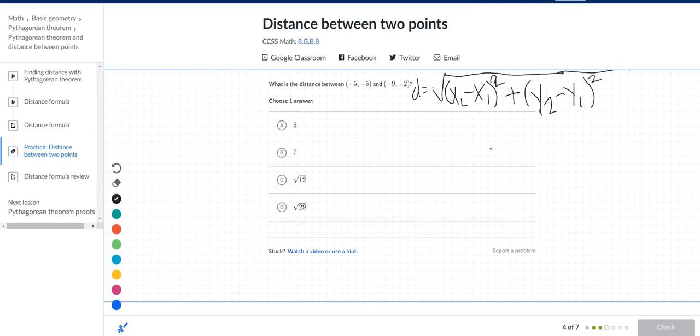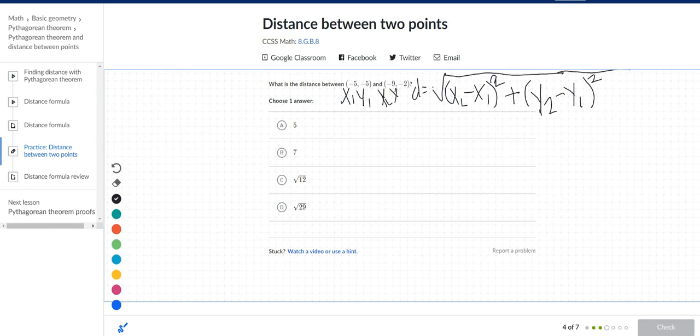So it's all of this here. What this actually is, these are coordinates. Your x1, y1 would be one of the coordinates, your x2, y2 would be the other. It doesn't matter which one you label as what, but for this purpose, I'm going to label this one my x1, y1, and this one my x2, y2.